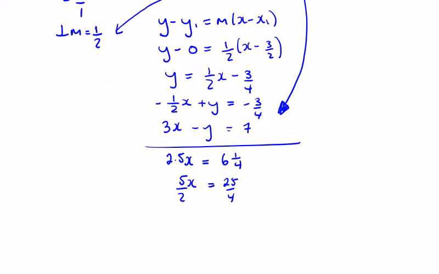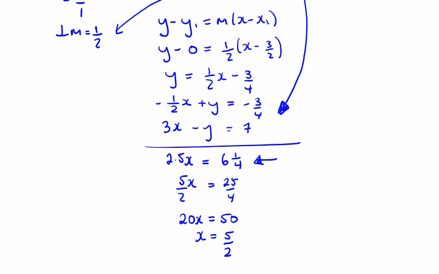So I just want x. 5x by 4, so 20x. You could just use a calculator and divide 6 and a quarter by 2.5. 20x is equal to 50. So x is equal to 50 over 20, or 5 over 2. So 2.5 by 2.5 is 6.25. You probably saw that up here.